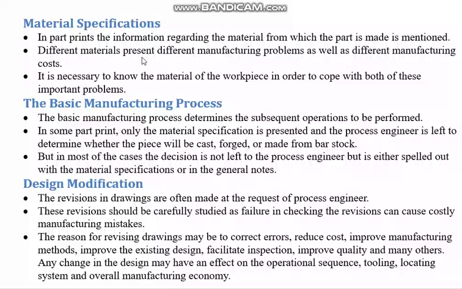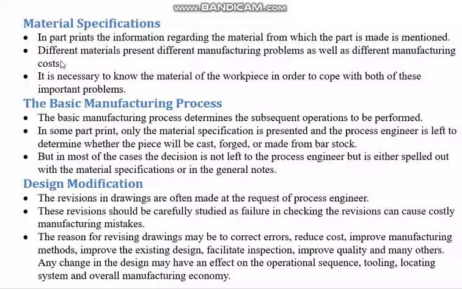See, different materials present different manufacturing problems. You see, machining on a mild steel part and machining on an aluminium part are two completely different things. Different materials have different manufacturing problems, and also different manufacturing costs.